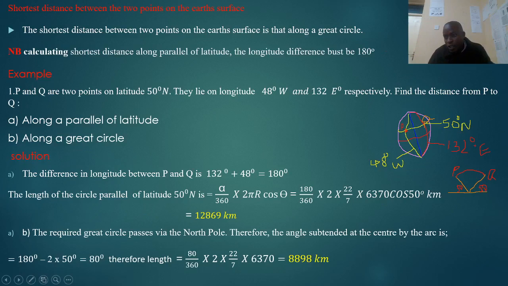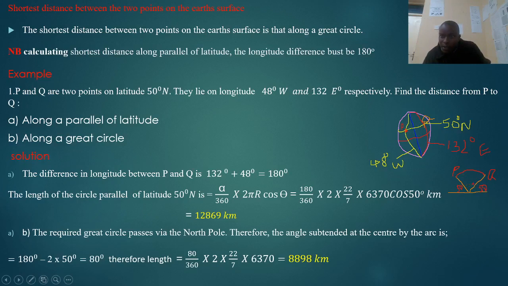Now, for you to calculate the angle that you use to calculate the distance along the longitude, remember I'm asking along the longitude, and the longitude is towards the north, 50 degrees north. Therefore there is an angle that will be subtended here at the center.